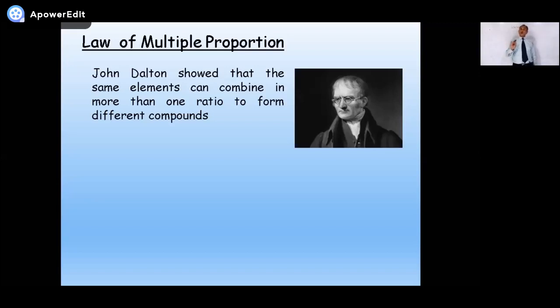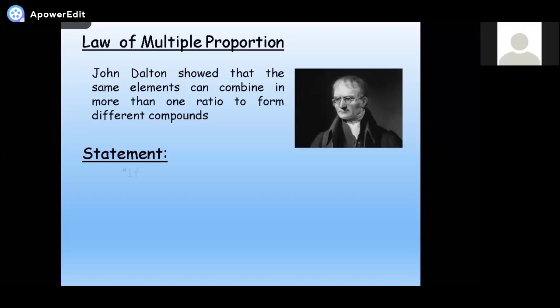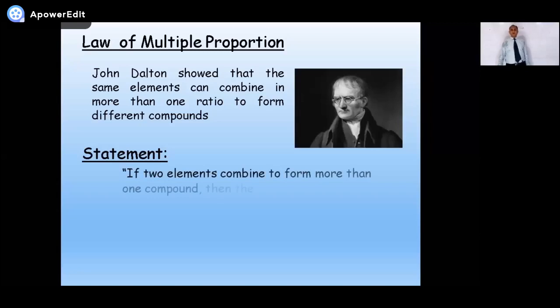So one thing is clear: the same 2 elements may combine to give different types of compounds. He observed a trend, and he gave it in the form of the law of multiple proportion.